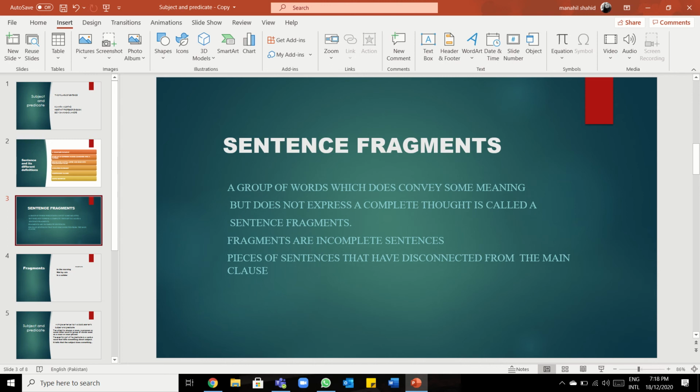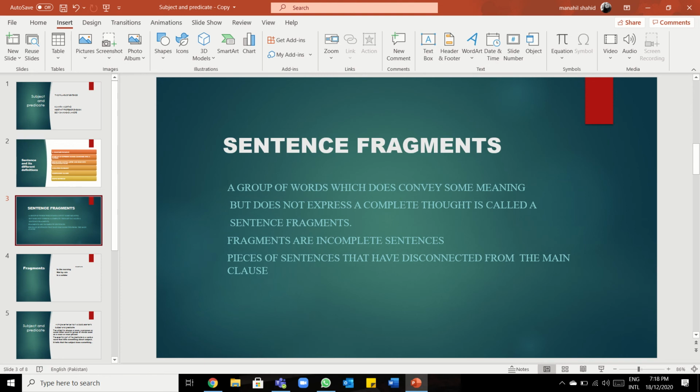This could be a simple phrase, simple words, simple elements, simple units, but they cannot convey the complete thought. We call them sentence fragments. Fragments are incomplete sentences, and when fragments join each other, they make a complete thought. And when the complete thought comes in front of us, that is called a sentence.